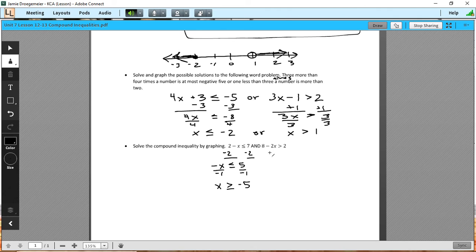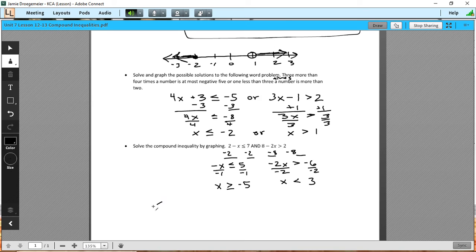With this one, I start by subtracting the 8 from each side, which leaves me with -2x greater than 2 minus 8, which is -6. And then dividing by -2 on each side. Dividing by the negative is going to flip my symbol again. -6 divided by -2 is +3.